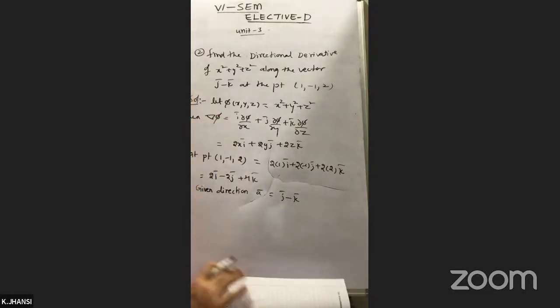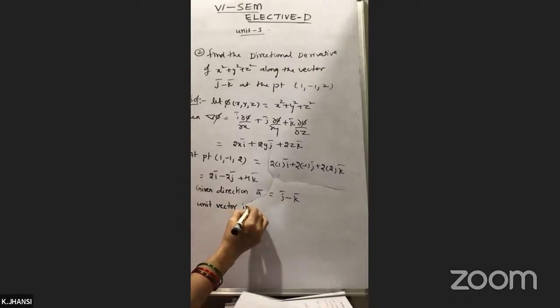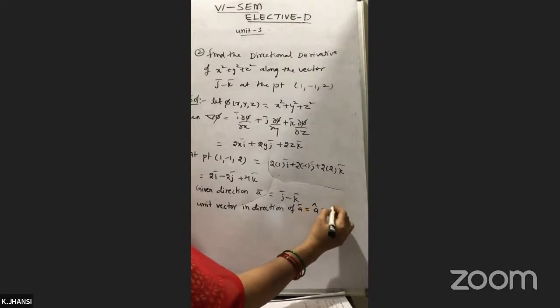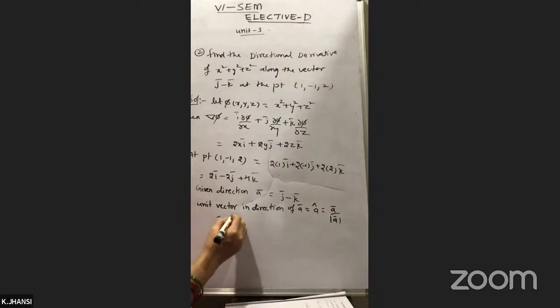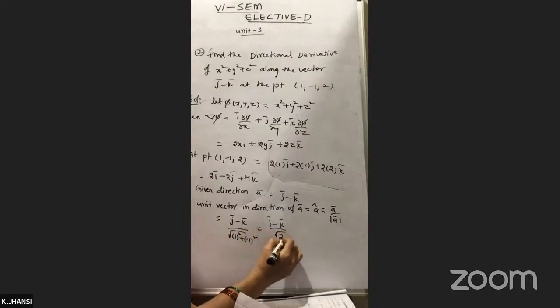We know the definition of the unit vector: A cap equals vector A by modulus of A. So the unit vector in the direction of A is A cap equals vector A by modulus of vector A. Vector A is j - k, and the modulus is the square root of 1² plus (-1)², which is root 2. So it is (j - k) by root 2.